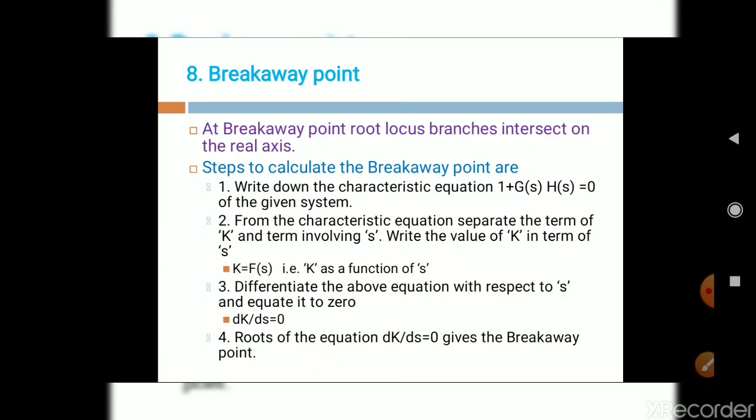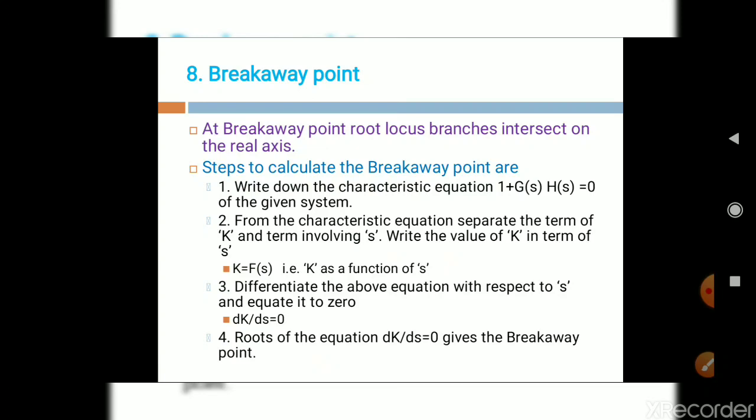In order to find the breakaway point, first I need to convert the open loop transfer function into closed loop, and one can obtain the characteristic equation as 1 plus G(s)H(s) equal to 0 from the given system. In the second step, as this characteristic equation has the term k, we have to rearrange it in the form of k and variable s.